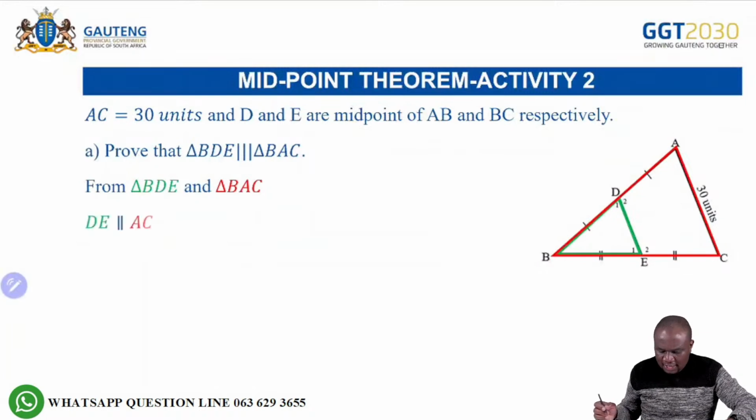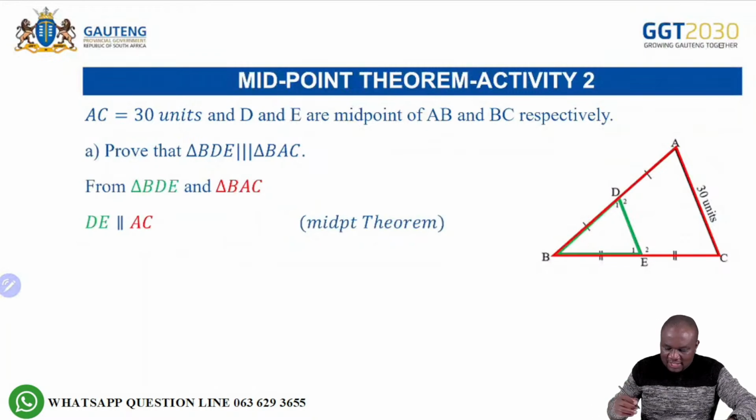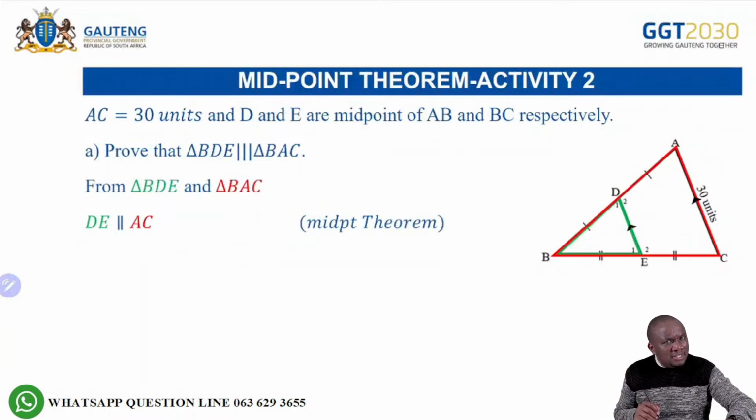DE is parallel to AC because of the midpoint theorem. So you see that midpoint theorem there. Now, DE and AC are parallel, so we can talk of the angles. Angle D1 and angle A are corresponding angles.